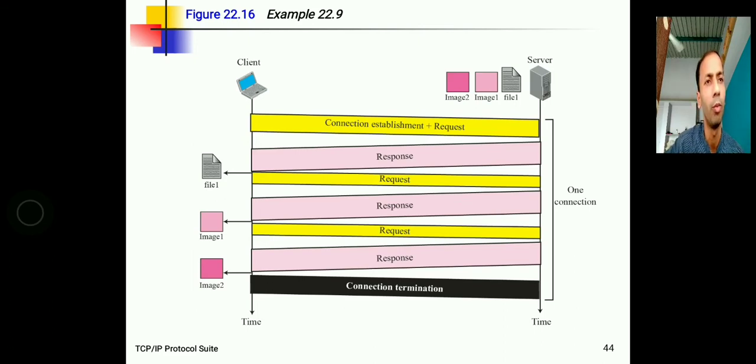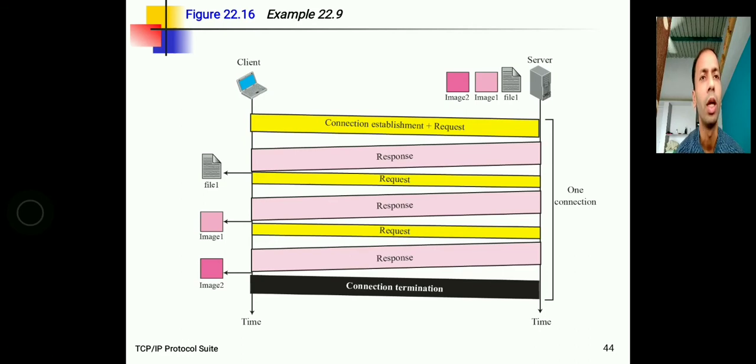File 1 is the name of that particular web page, which has image 1 and image 2 files. But now in this case we are using HTTP protocol 1.1 by default, which supports persistent connection. Persistent connection means that once the connection is established, it is not terminated until all the files which belong to that particular web page are transferred to the client.